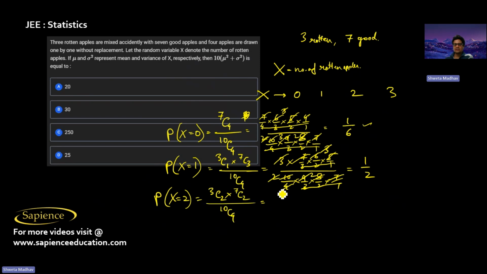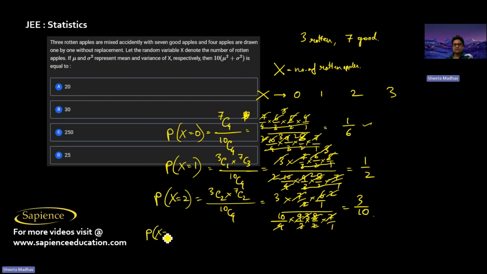So this will be 3 into 7 by 2 into 6 by 1 divided by 10 by 4 into 9 by 3 into 8 by 2 into 7 by 1. So this will be 4 2s are 8, 3 3s are 9, 2 3s are 6, 7 will get cancelled. This will be equal to 3 by 10.